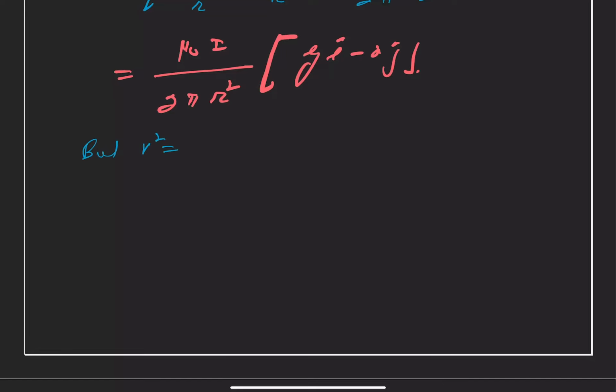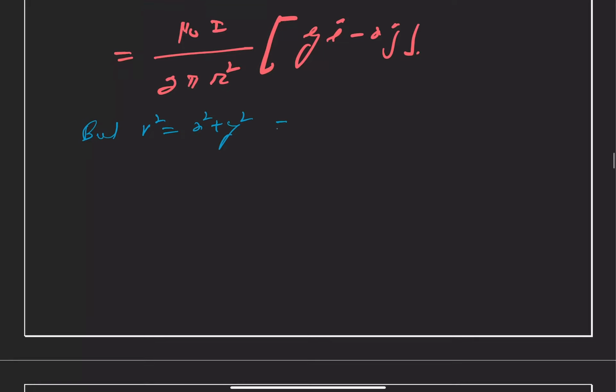Therefore, we get B is equal to mu naught I upon 2 pi times x square plus y square, times y of I minus x of j. This is the magnetic field.